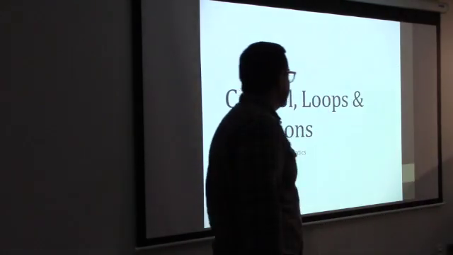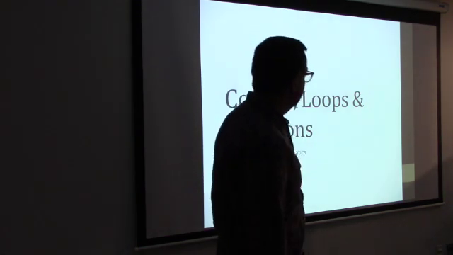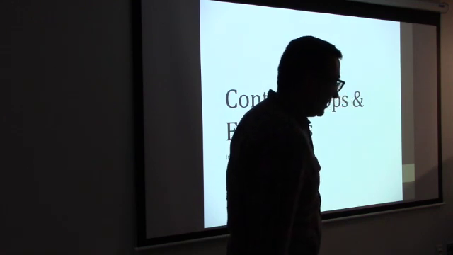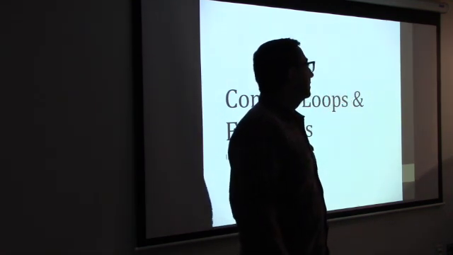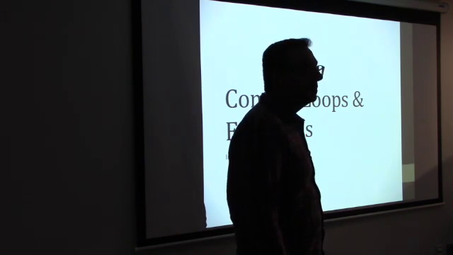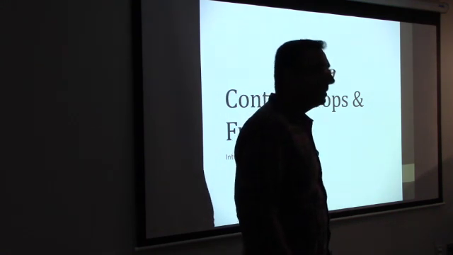Today we're going to talk a little bit more, get deeper into our control functions, loops and control structures. There's a bunch of stuff that will be new to you, but if it's overwhelming, I can always slow down.